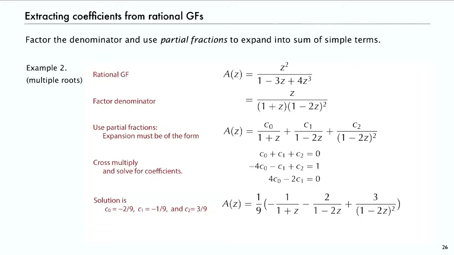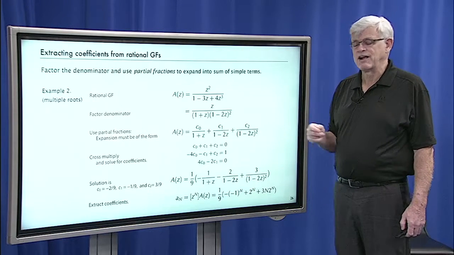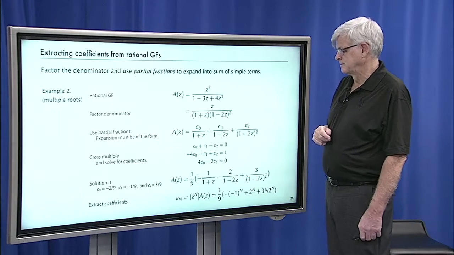And this one is 2 to the n. In that one, it's 3 over 1 minus 2z squared. The coefficient of a sub n in that is 3(n+1)2 to the n. So that gives us an exact formula for the coefficients in that rational generating function.